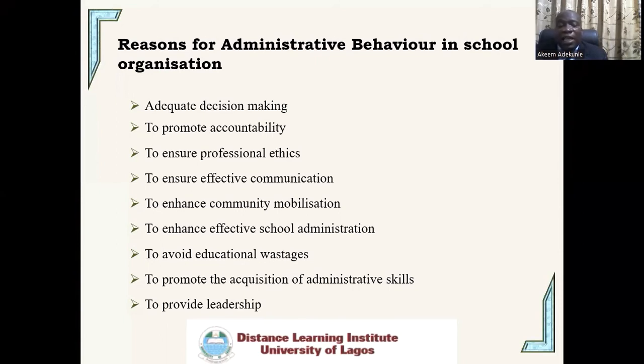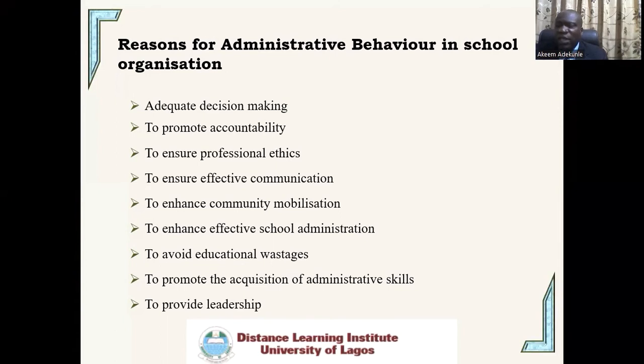And finally, it helps to provide leadership. Yes, the administrator is a leader, and as a leader, he has to lead, and to lead, appropriate administrative behavior must be exhibited. And leadership, what is it to lead? Leadership has to do with enlisting the support of other members of the organization towards goal accomplishment.